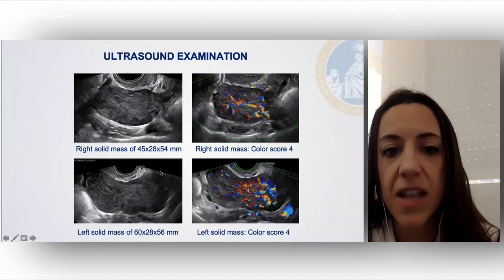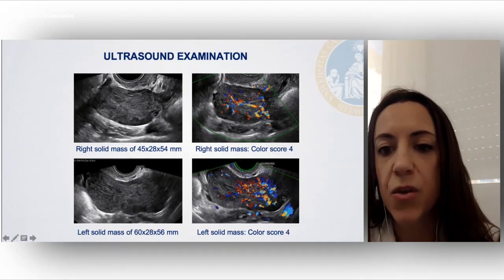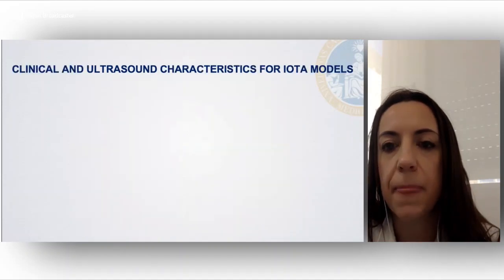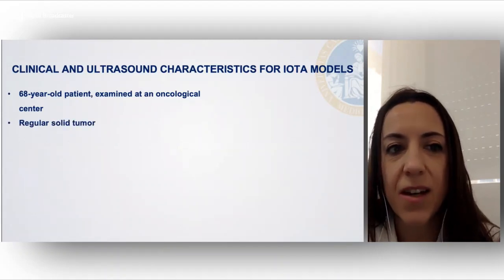This is the contralateral ovarian mass, solid morphology, and it was 60 by 28 by 56 millimeters, and the vascularization was rich. So bilateral solid tumors with rich vascularization. So we can apply the Adnexal model to make the diagnosis.